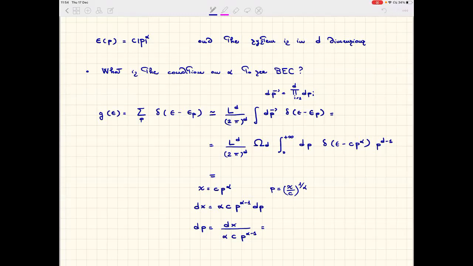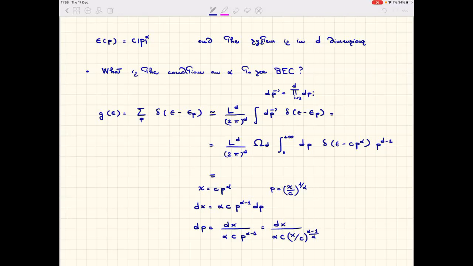So therefore this is dx over alpha c times x over c to the power alpha minus 1 over alpha. Correct? Everybody agrees with me?